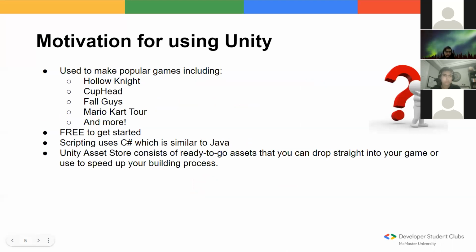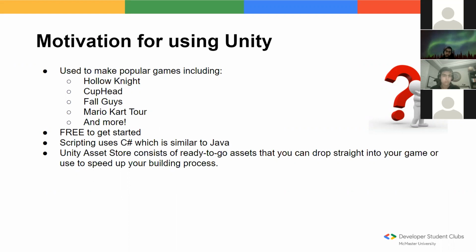Some of you might be wondering why someone would want to use Unity. One of the simplest answers is that it's widely used in the gaming industry, with the games listed here being Hollow Knight, Cuphead, Fall Guys, and many more that you might recognize.